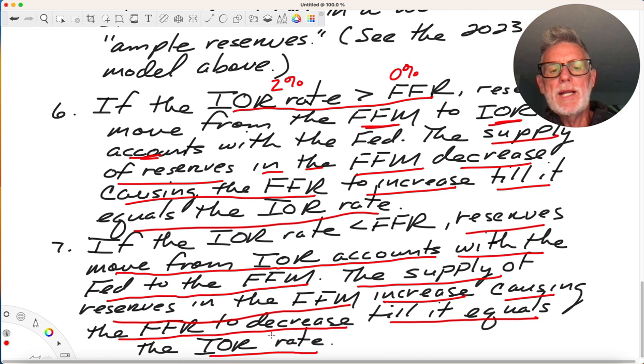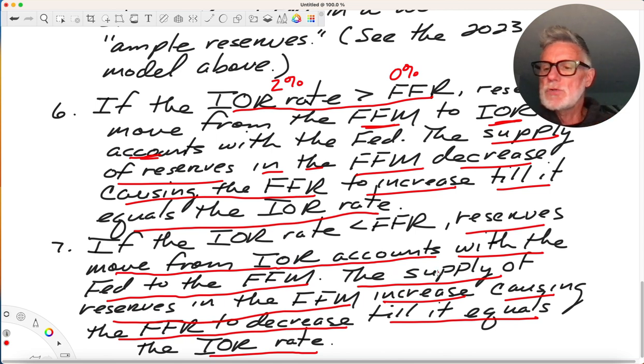But I just wanted to point out to you that in an ample reserves framework, where we can no longer use open market operations to move the federal funds rate, the only way to move the federal funds rate is with this interest rate on reserves, because this ends up becoming an administrative rate that the Fed can move and change the incentives to hold funds either in the federal funds market or to pull funds out of the federal funds market.